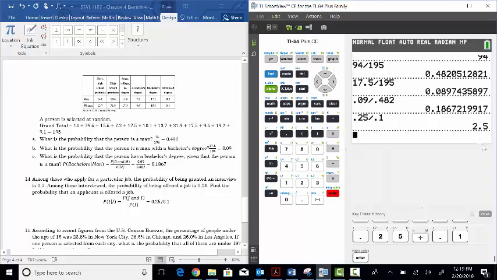And the reason why I knew it was off is because I got a probability of 2.5, which is greater than 1. So let's do it like this. Alright, so basically the 0.25 is the probability that you're given the job given that you were interviewed.